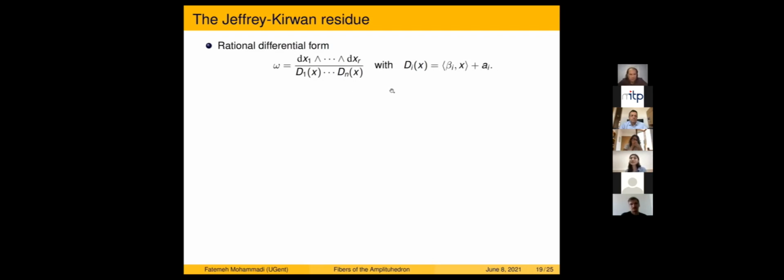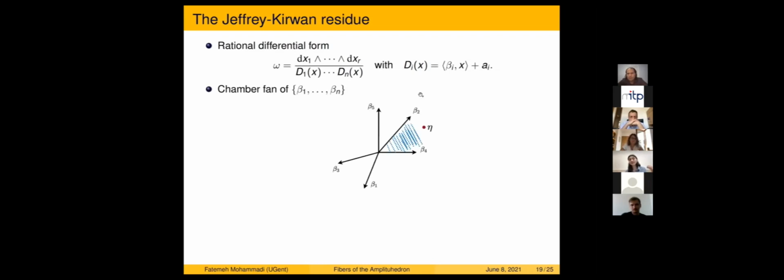And then the idea is to look at the coefficients of these x variables, or, if you think of them as hyperplanes, these linear forms define hyperplanes. You look at the normal rays of these hyperplanes, and then you can construct a chamber fan of these rays. So basically, you look at the collections of r rays and the cones generated by them, et cetera. So you have this polyhedral fan.